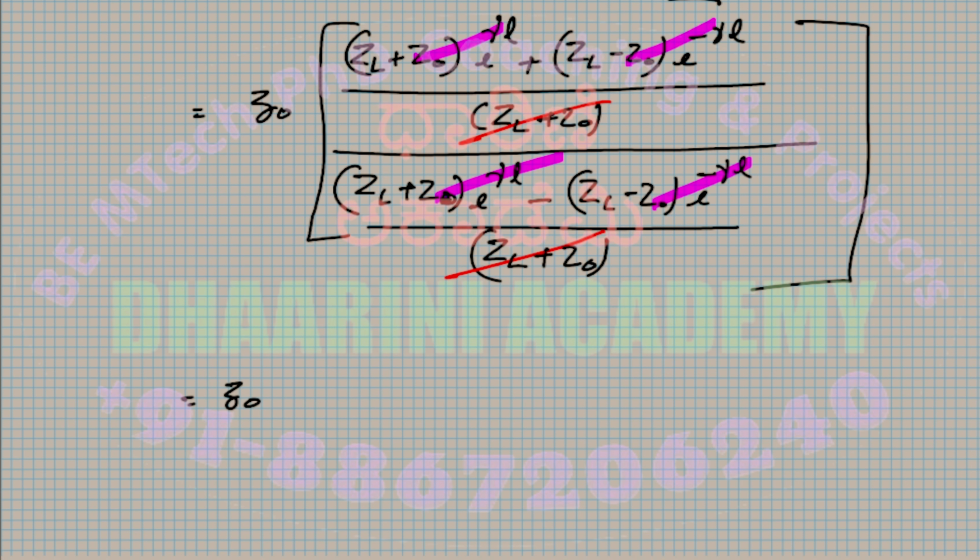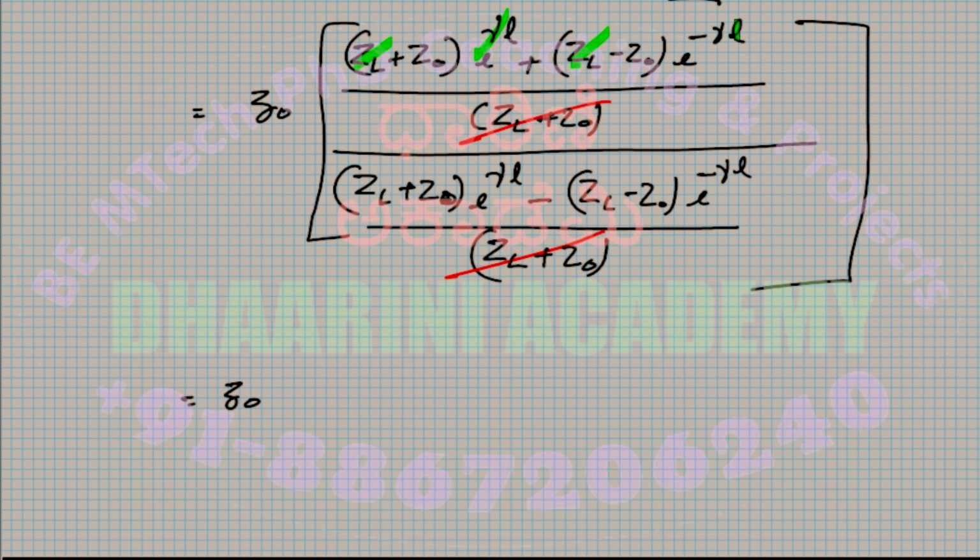So all the Z naughts I'll try to write together first. In numerator first, maybe later in the denominator. I'll repeat the same thing for the denominator later. Then ZL into something, ZL into something. Once again, ZL and ZL, right? Whenever we multiply, I can take out ZL common and Z naught common. So that's my next approach.